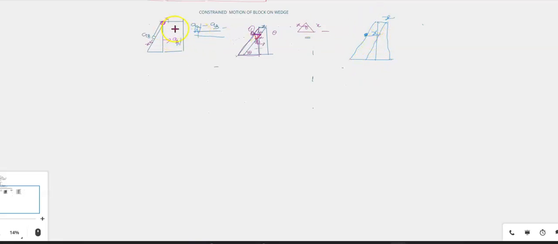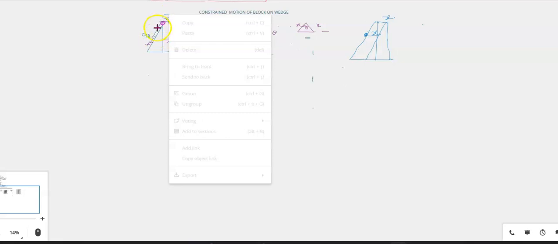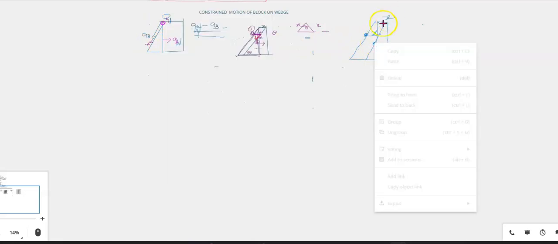So because now when the wedge moves by a length x, this much of rope comes over the inclined plane, so that the block will slide down by x, because there is extra length of the rope which is available, so it comes here.